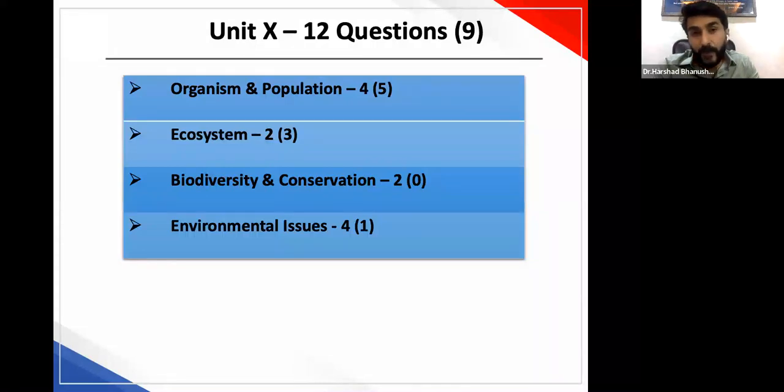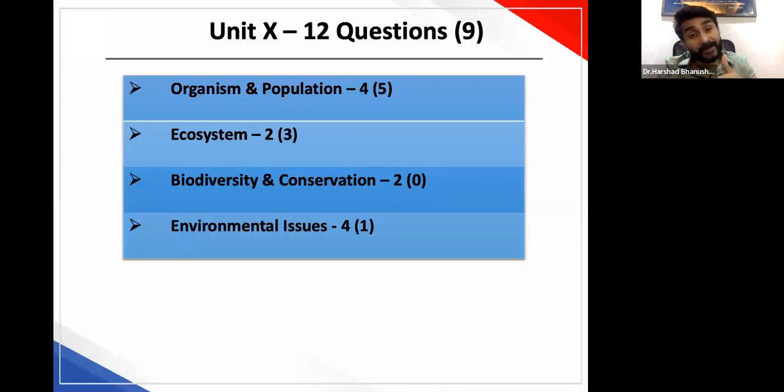The last unit is unit number 10. Again, I would consider it a balanced distribution, whereby 12 questions were asked from these 4 chapters, with the maximum coming from organism and population, which is understandable. It's a pretty big chapter in this unit.